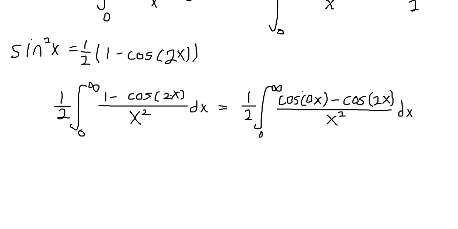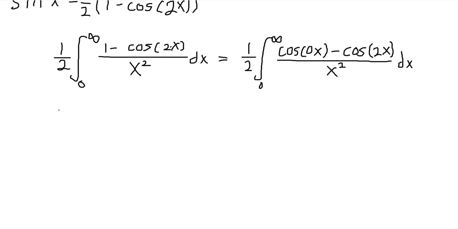But now, if we notice, we have sort of the same function being subtracted, cosine 0x minus cosine 2x. And the nice thing about that is that this looks like some sort of definite integral.